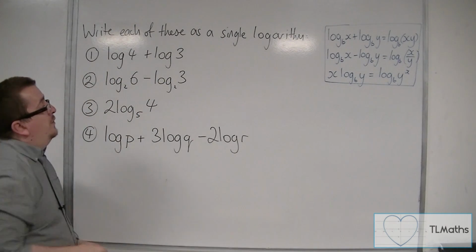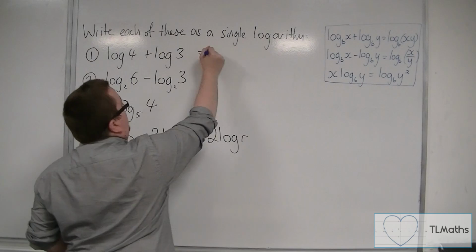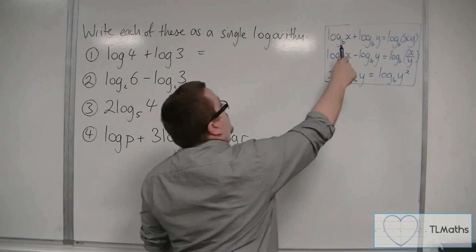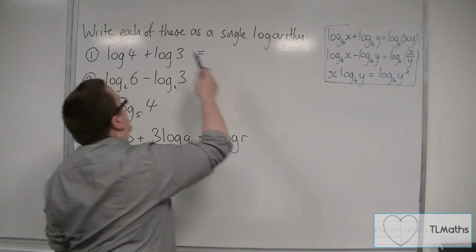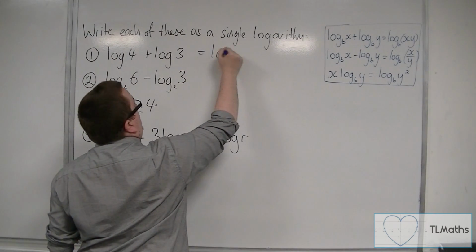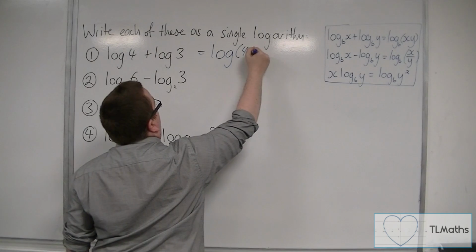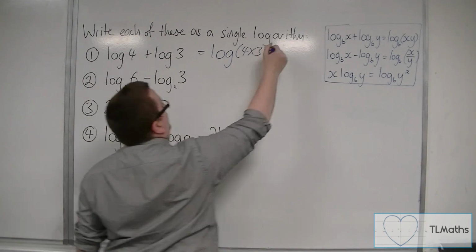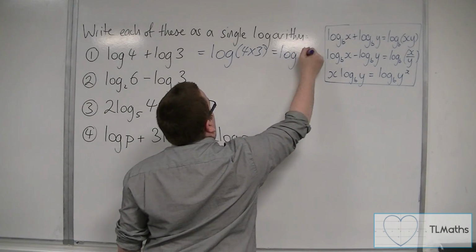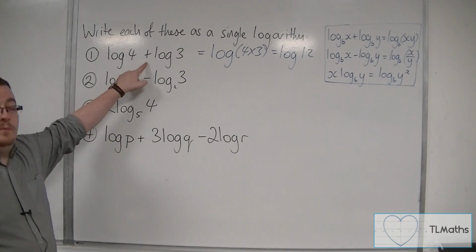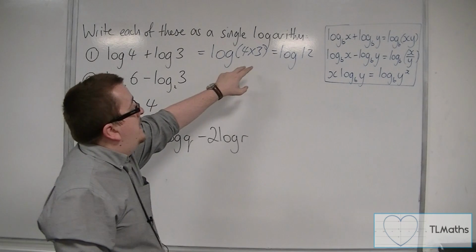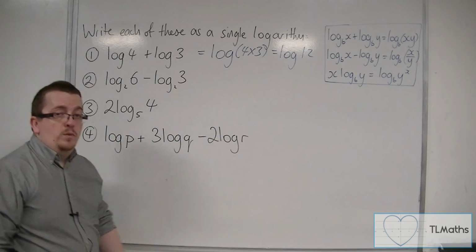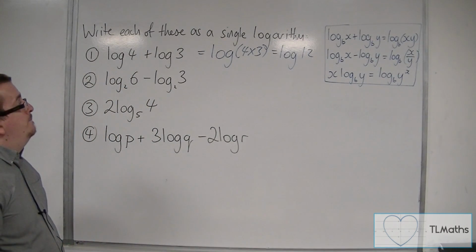So log of 4 plus log of 3 uses the first law up here, where we are adding 2 logarithms of the same base. And so log of 4 plus log of 3 is the same as log of 4 times 3. So log of 12. So when we're adding 2 logarithms together with the same base number, then we multiply the 2 numbers that we have together within a single logarithm.